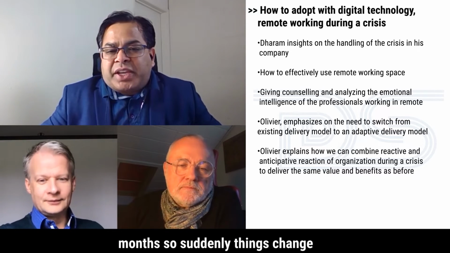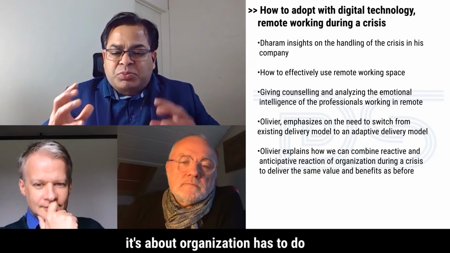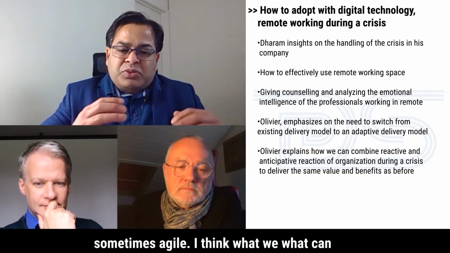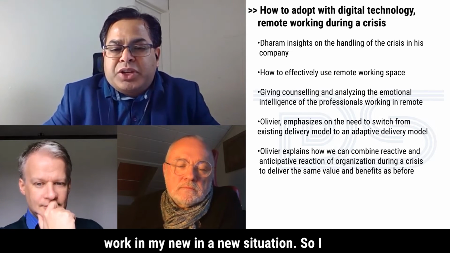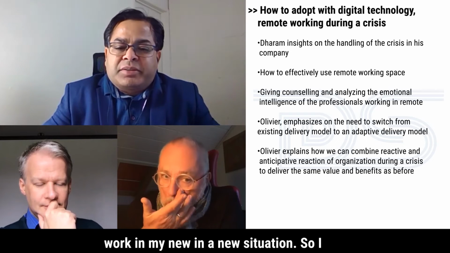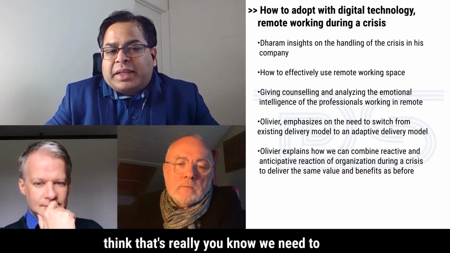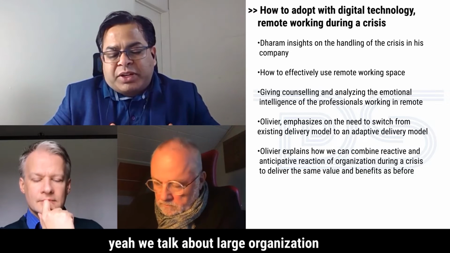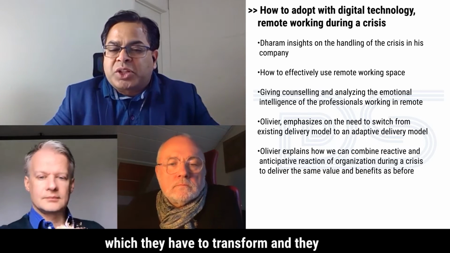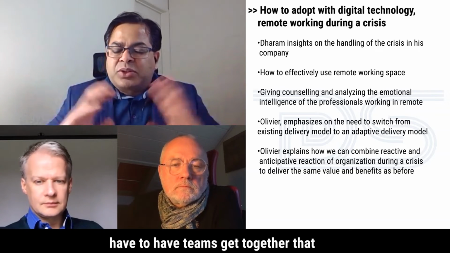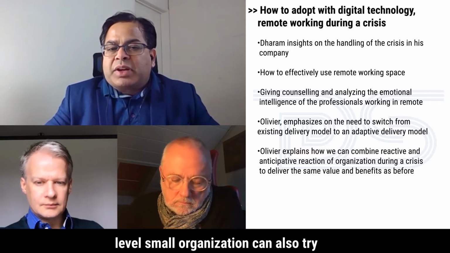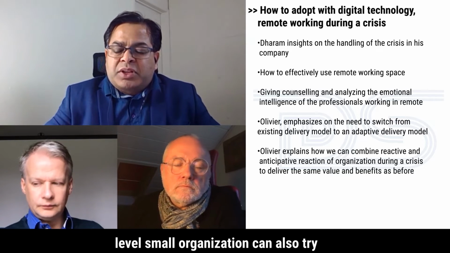So suddenly things change. Sometimes an organization has to think agile about what can work in the new situation. We talk about large organizations which have to transform, and have teams get together and do things. But at a smaller level, small organizations can also thrive.